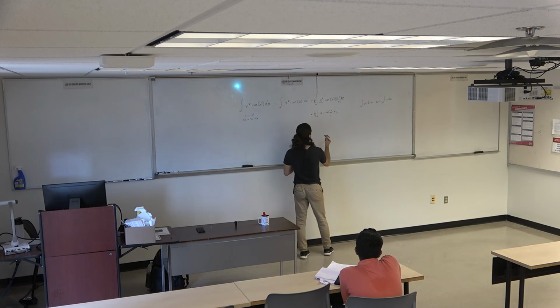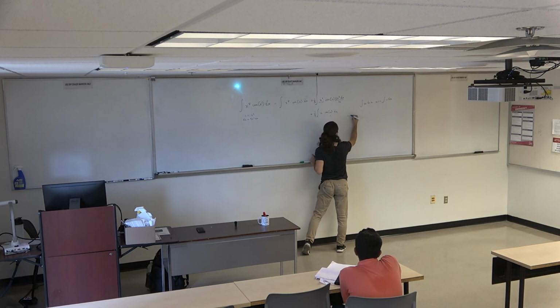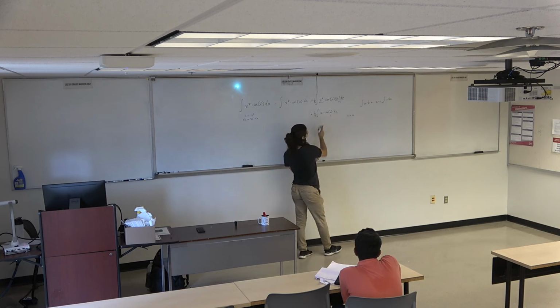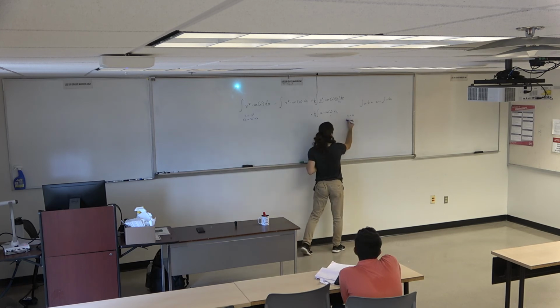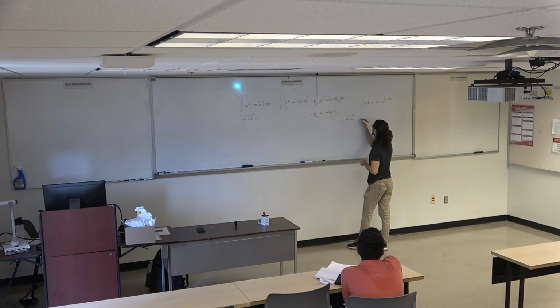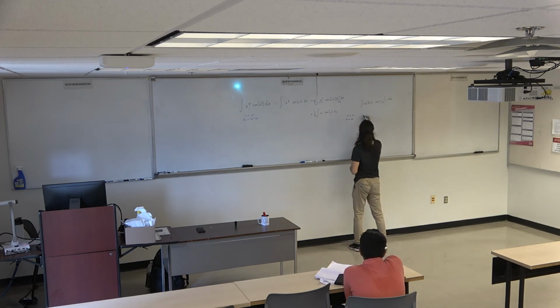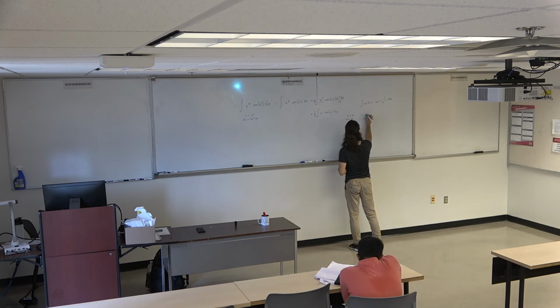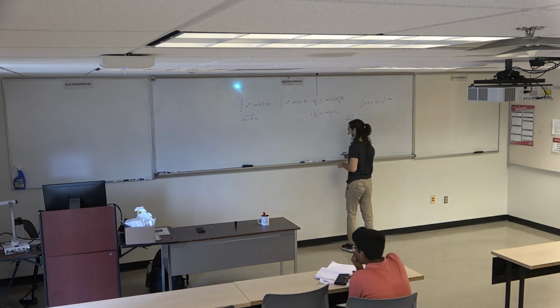So the double variables thing might be a little confusing, but that u and that u we're calling the same, and then same thing for the derivatives. But then dv was the rest of it, which means v is sine.